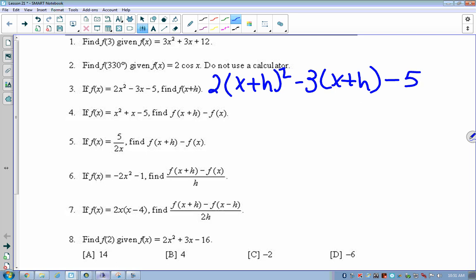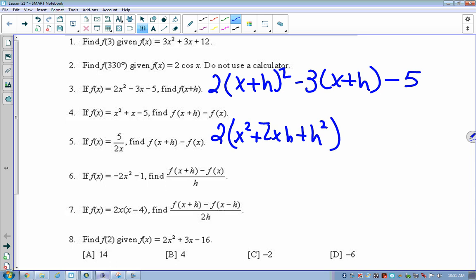I do all the things I would normally do, but notice that x plus h is squared, which means it's not just x squared plus h squared, it's FOILed. So I get x squared plus 2xh plus h squared. Do I need to do that for you so you see how it works? Basically, x times x is x squared, x times h is xh, h times x is xh, h times h is h squared.